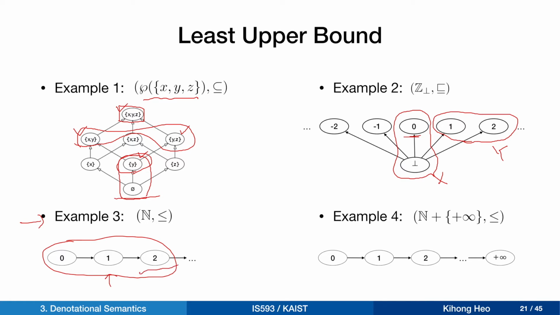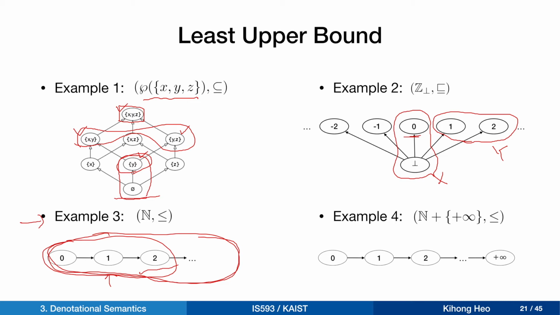Simple, okay? But for the set N itself, which will be the set of whole integers, if we take this subset, actually the whole set itself, then what is the upper bound? There's no upper bound of the whole set of natural numbers in this set.